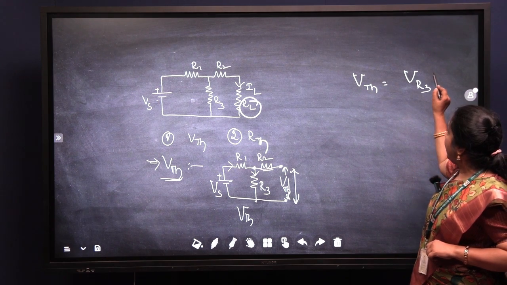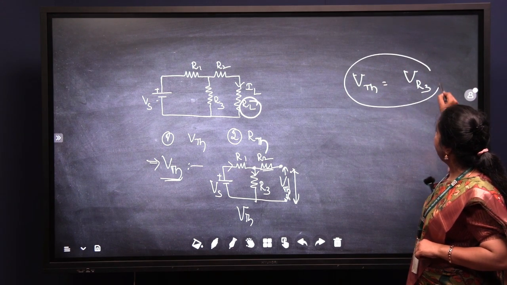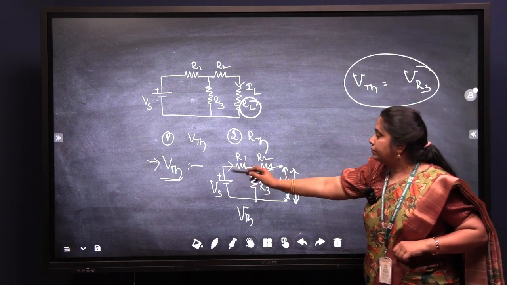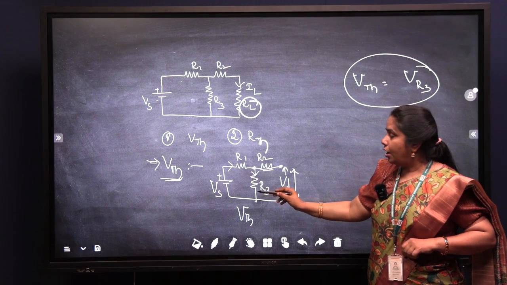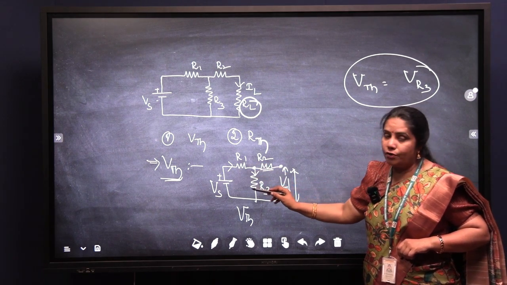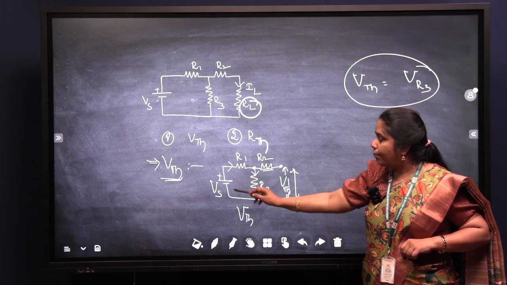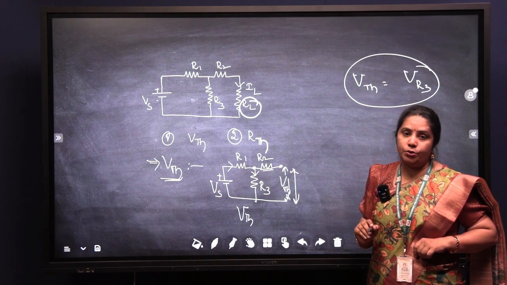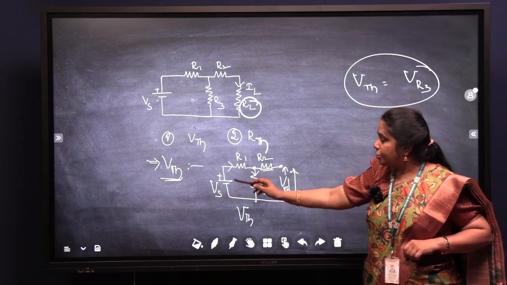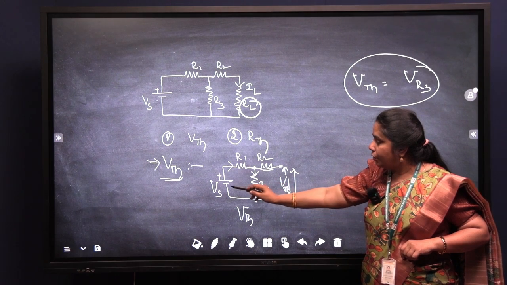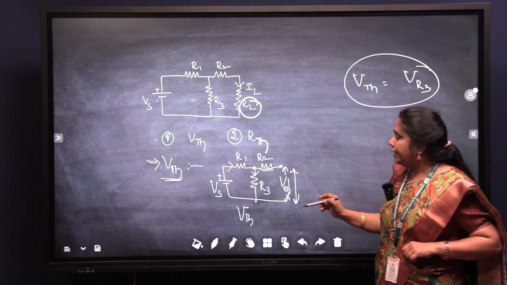Now to calculate the voltage across R3, we can easily apply mesh analysis, that is Kirchhoff's voltage law. In Kirchhoff's voltage law, the algebraic sum of the voltages must be equal to 0.